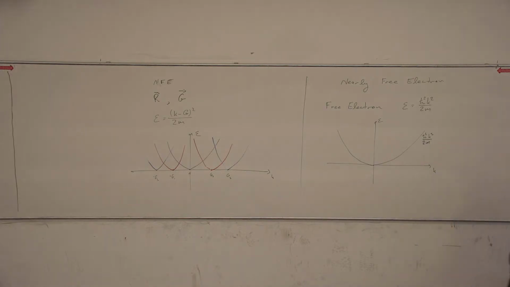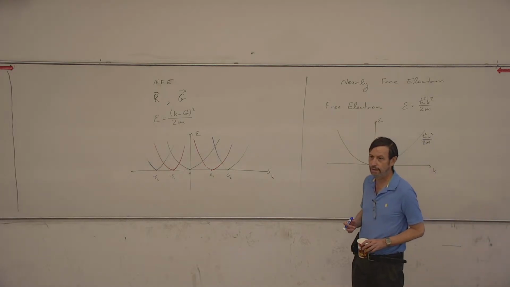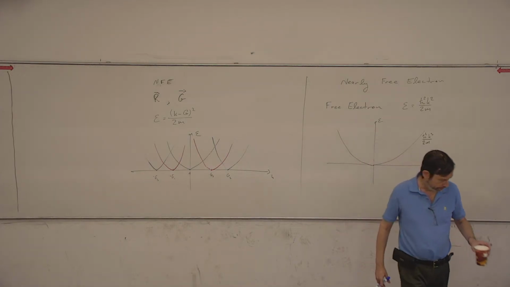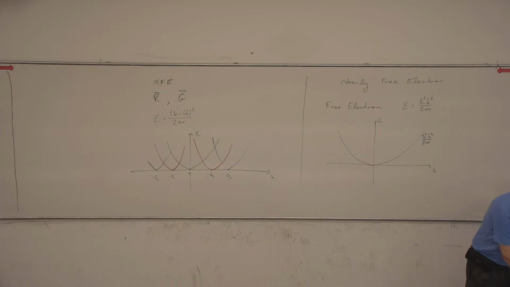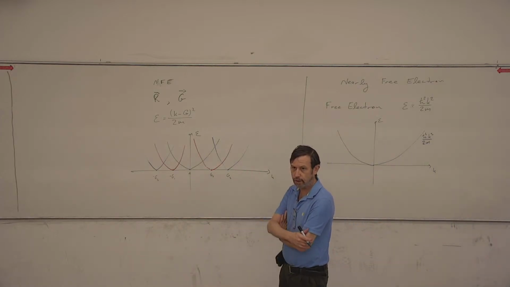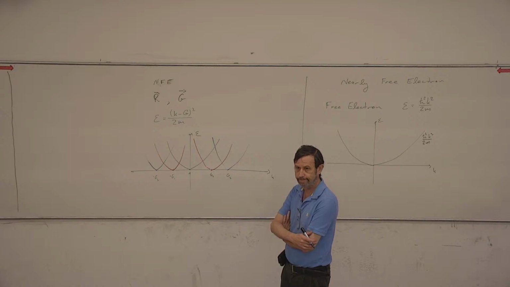So we go back to the concept that we introduced in the beginning of the course, the first Brillouin zone. So, where would be the Brillouin zone in this one-dimensional plot? The first one? G equals 0.